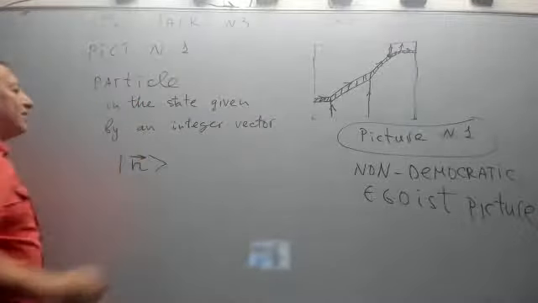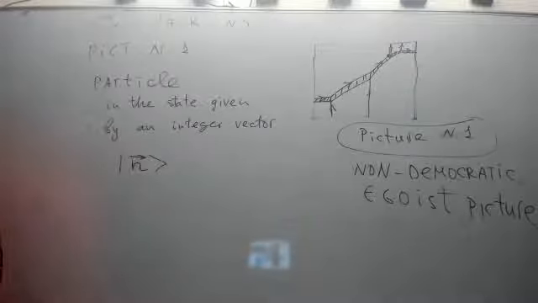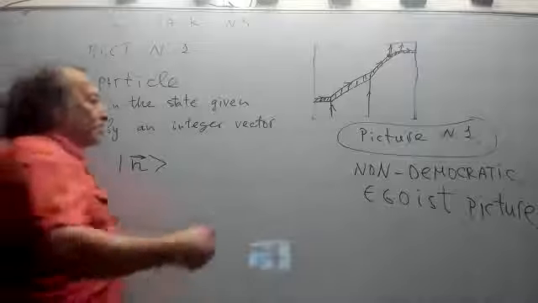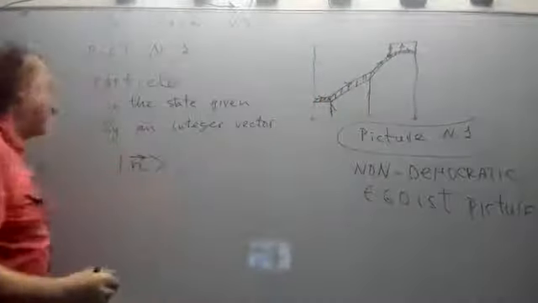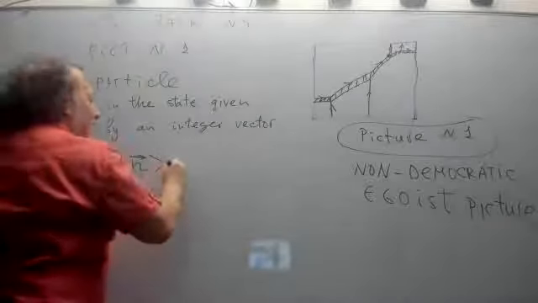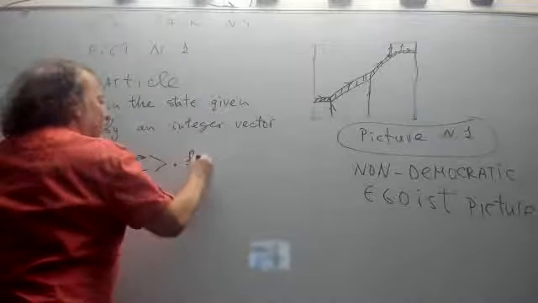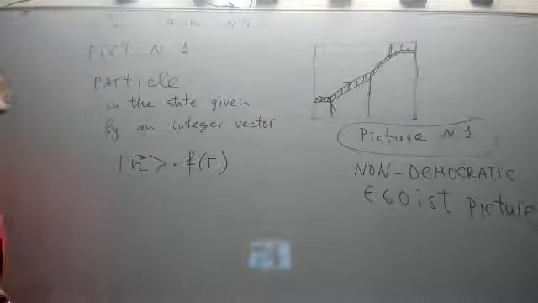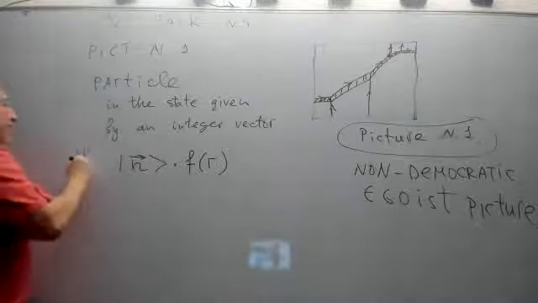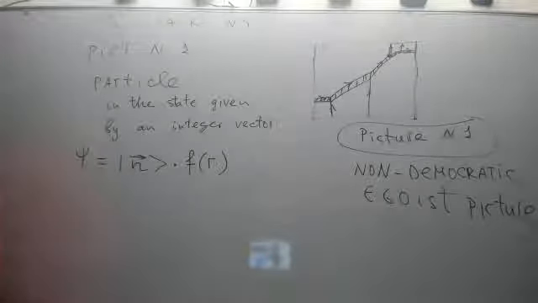And this is the state of the particle. By the way, particle could also be somewhere in the space. So it's also a function of R. Of course, R is tropical. So this is the wave function of a particle. Okay?